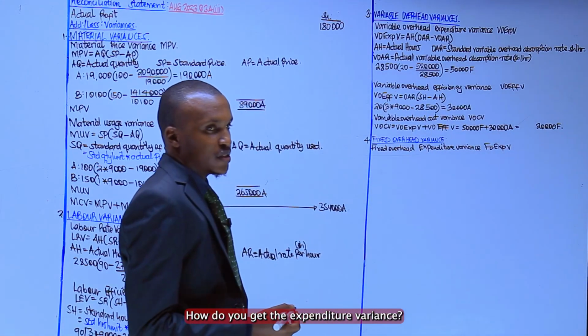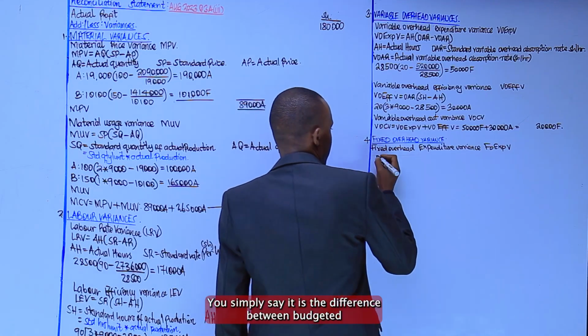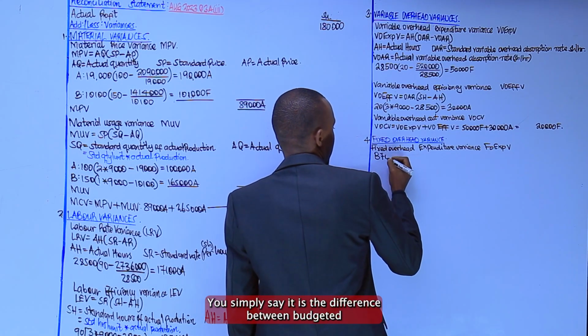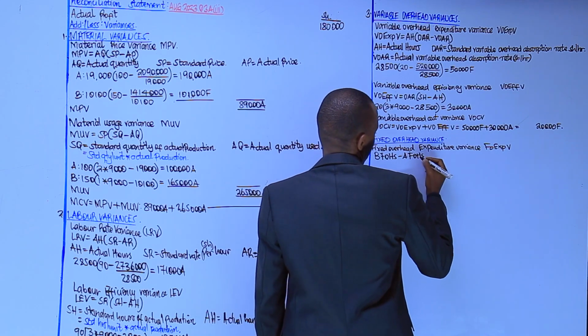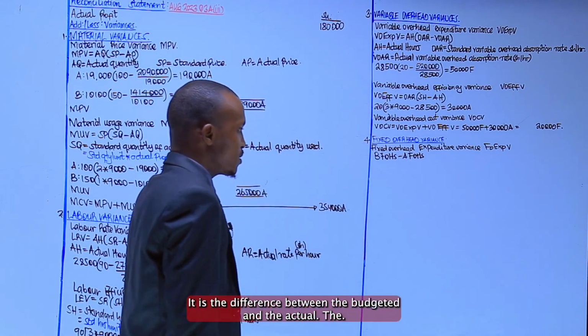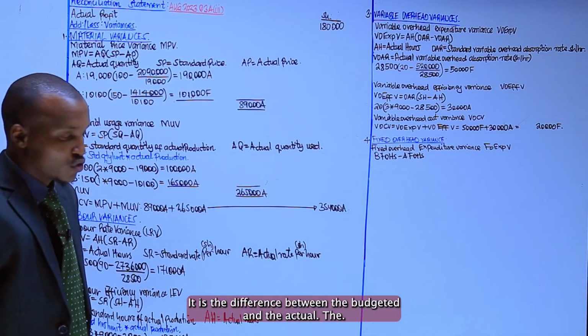How do you get your expenditure variance? You simply say it is the difference between budgeted fixed overheads and actual fixed overheads. It is the difference between the budgeted and the actuals.